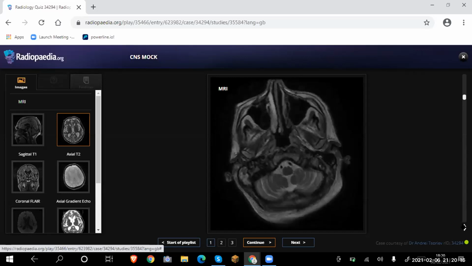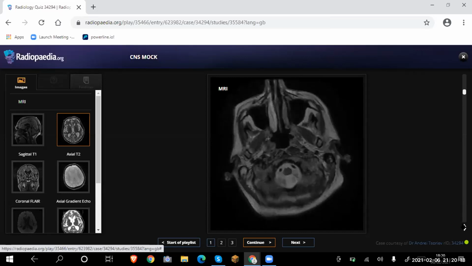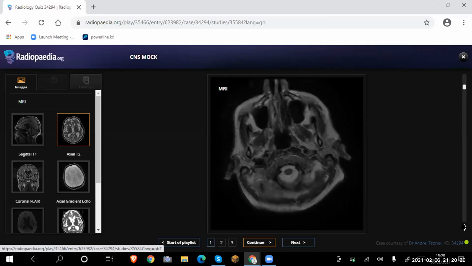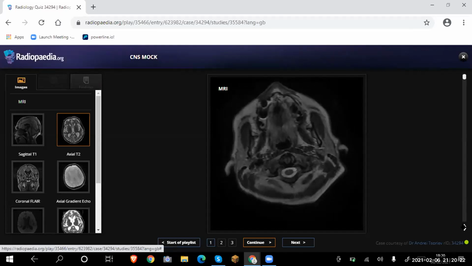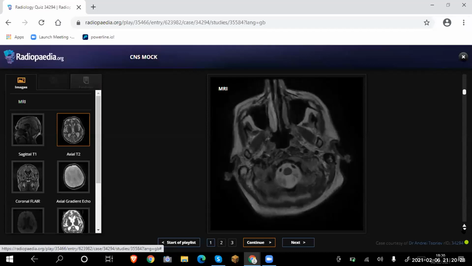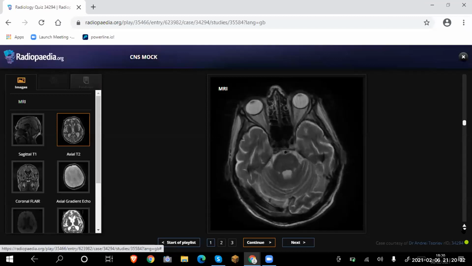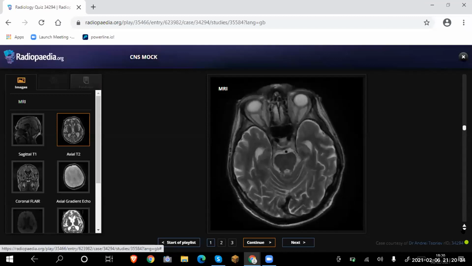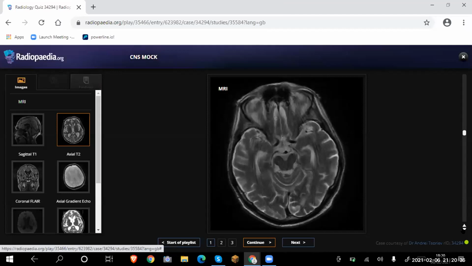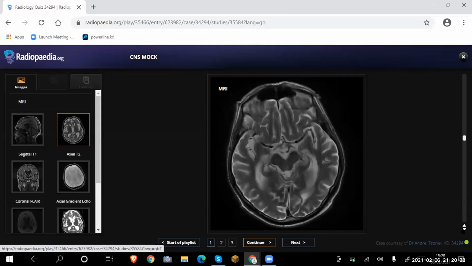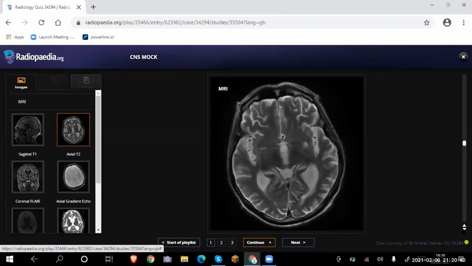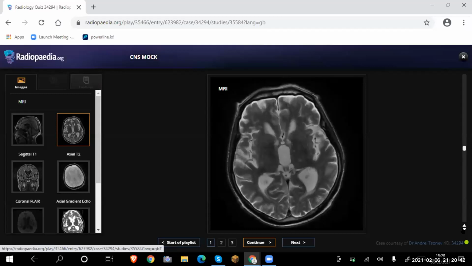I'm just looking at the posterior fossa now, and I think extending down. Maybe I will go in reverse. I can take a little bit more information from these. I'm looking at the pontocerebellar angle, the cerebellum, and then the temporal horns, temporal lobes, then extending more superiorly.